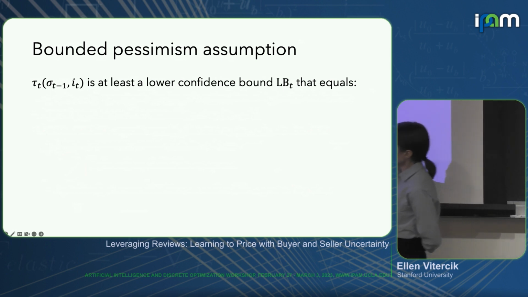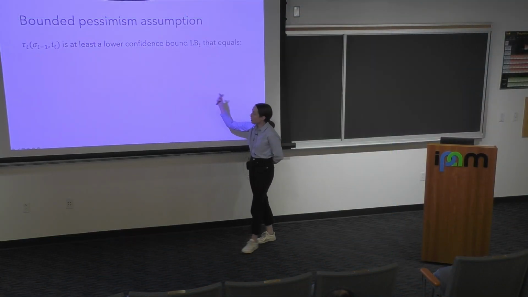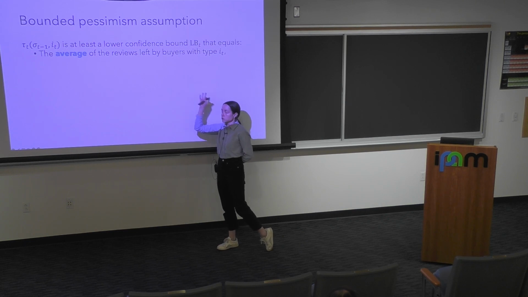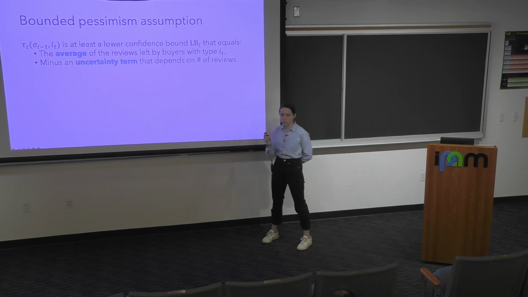In particular, tau_t can be anything, but it has to be at least some lower confidence bound, I'm going to call it LB_t, that equals the average of the reviews left by buyers who had the same type as the current type, minus some uncertainty term that depends on the number of those reviews. So basically like a Chernoff bound type of thing, and I'll say this a little more formally here.